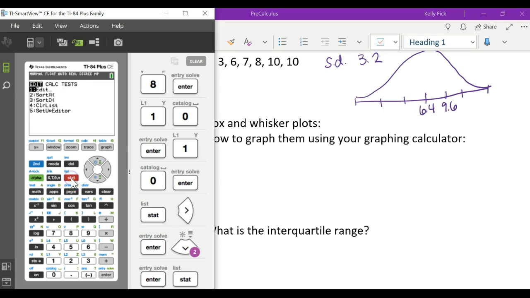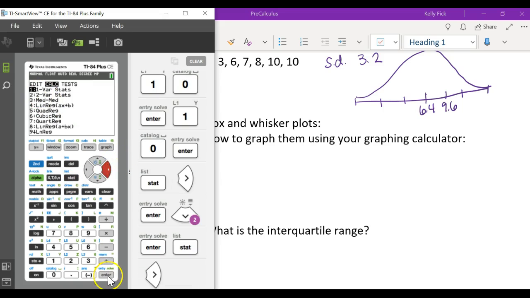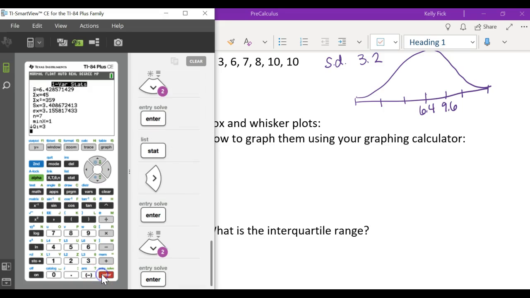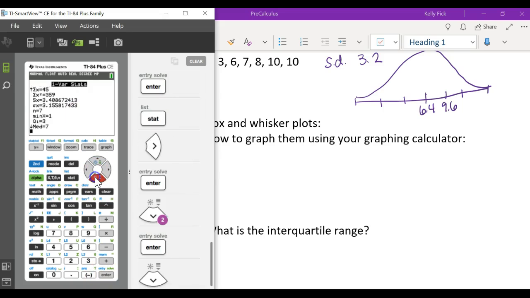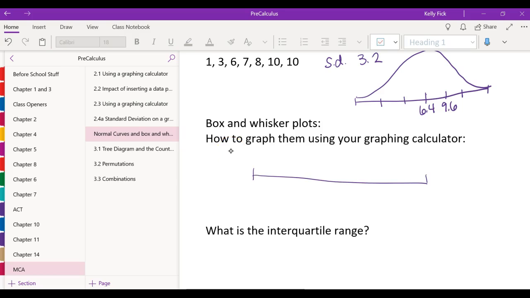Just a reminder, that's Stat, Calc, One Variable Stats. You would calculate. And at the bottom of One Variable Stats, there's your min, your first quartile, your median, your third quartile, and your max. And so you would graph this.